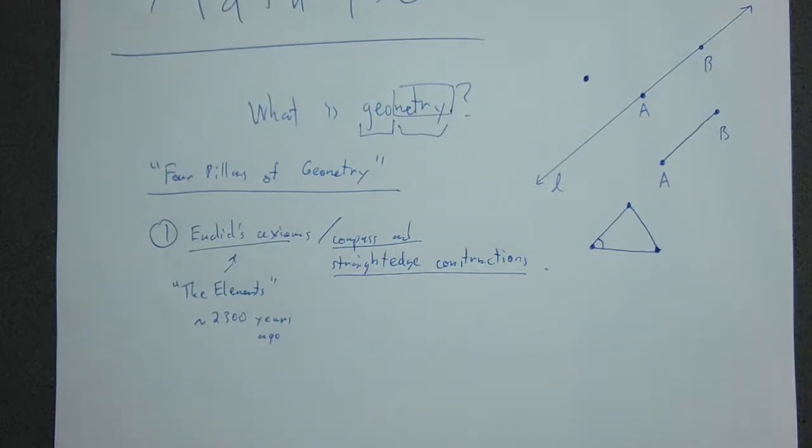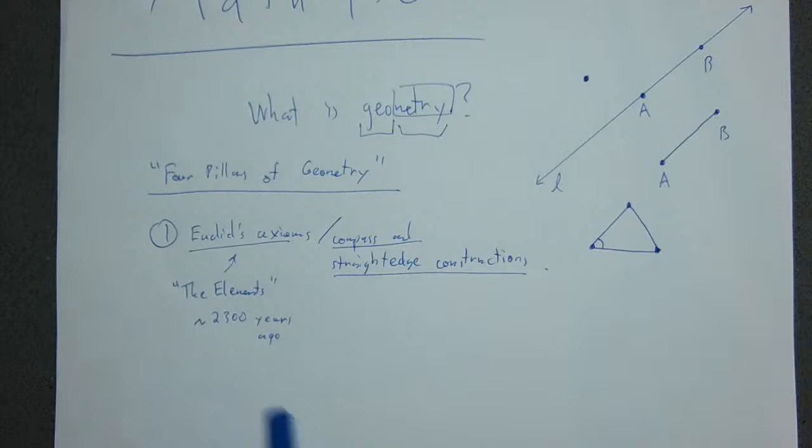So you just assume this list of things and you say, these are my assumptions. And then from that proceed a bunch of lemmas, propositions, theorems that are things you prove from those axioms or those postulates or assumptions. Okay, and so this is what Euclid did in the Elements.